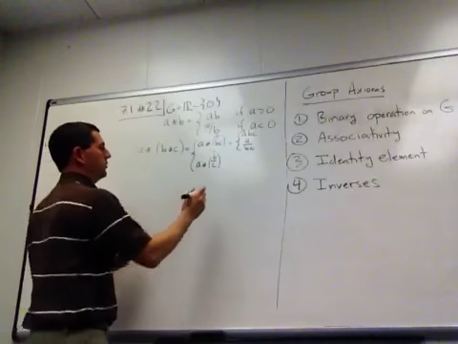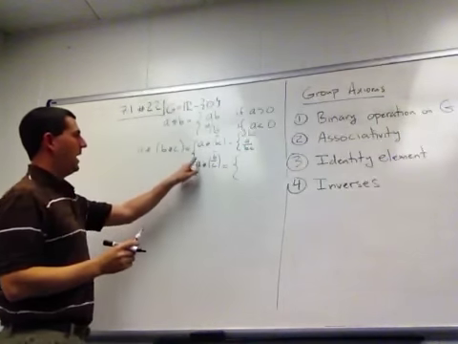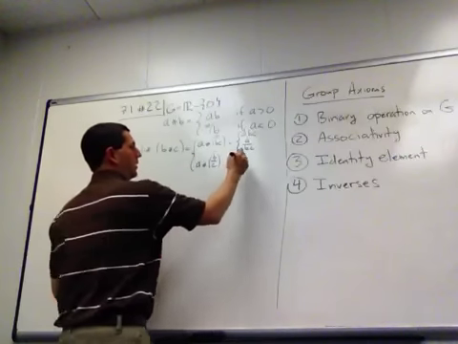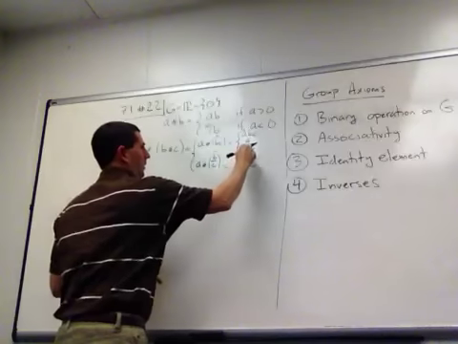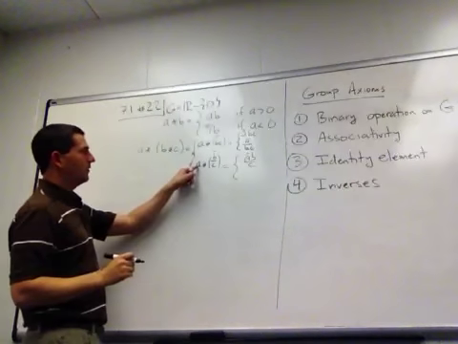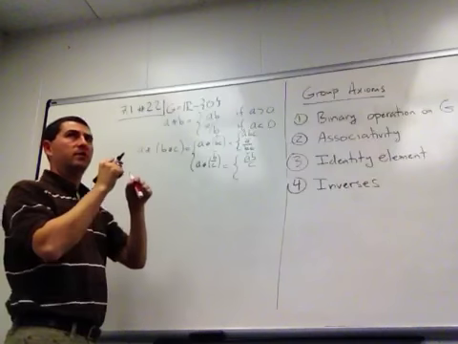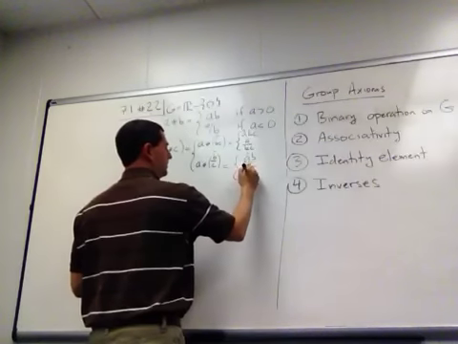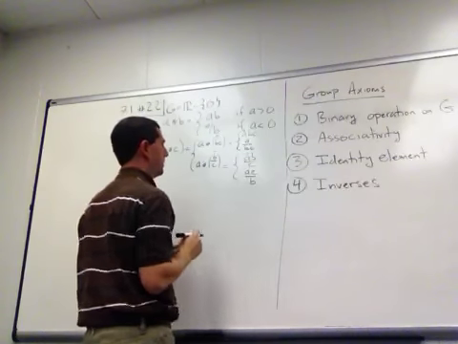Now in this situation, if A is positive, we'll get A times B over C. So AB over C. And if A is negative, we'll get A divided by B over C, which is AC over B. That was where A is negative.